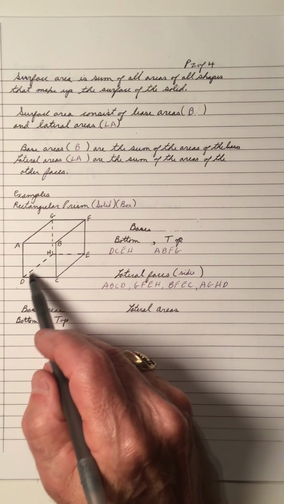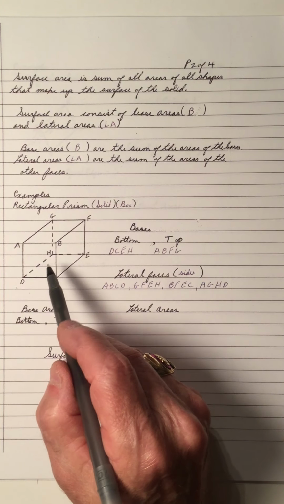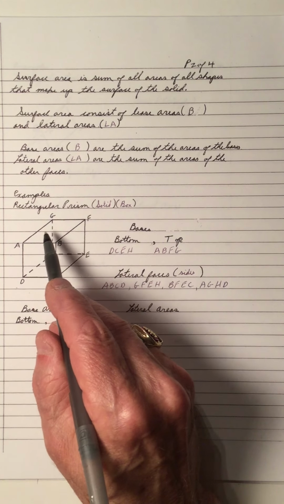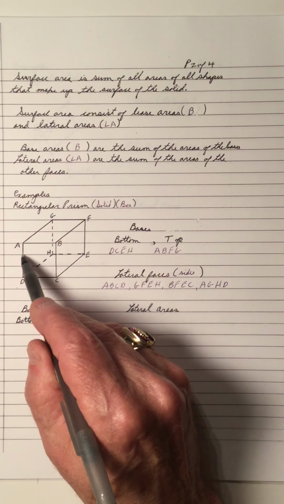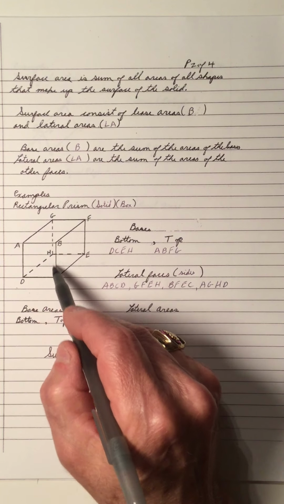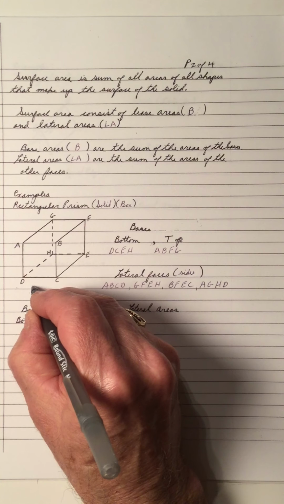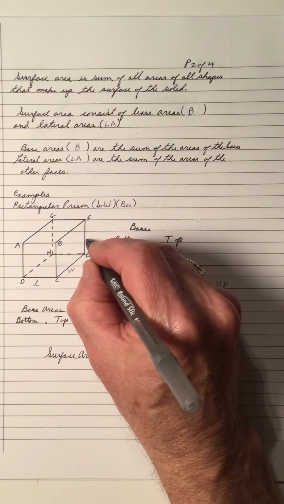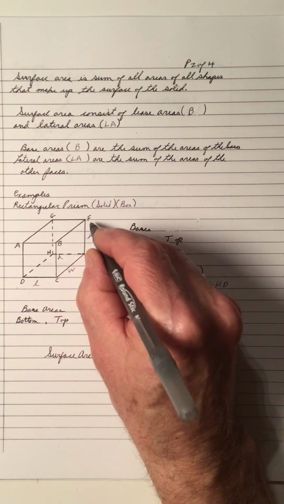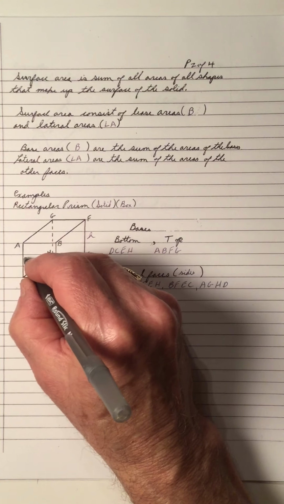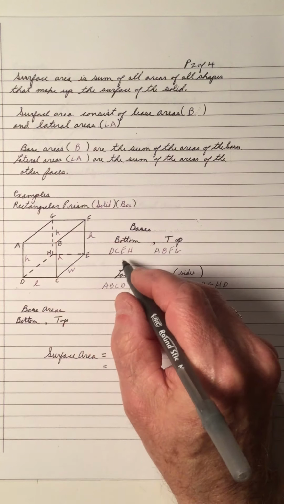Because it's a rectangular box, the bottom is the same area as the top, and this side right here is the same as this side over here, and the front is the same area as the back. And we label the length, the width, and the height. So FE, BC, AD, and GH are all the heights.